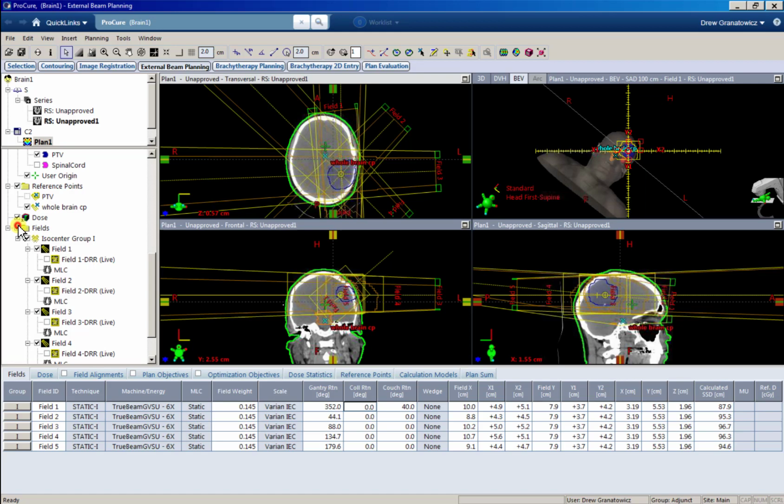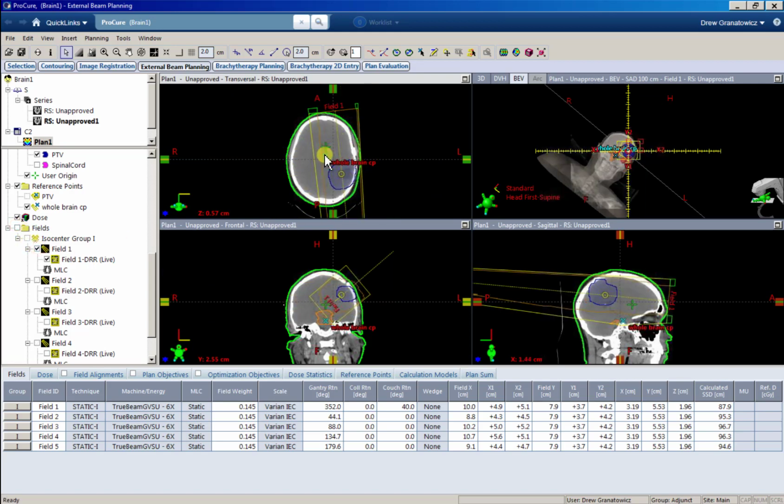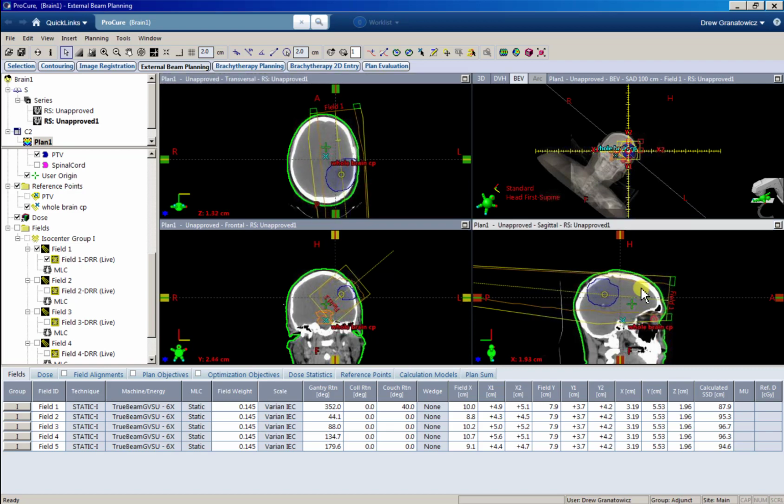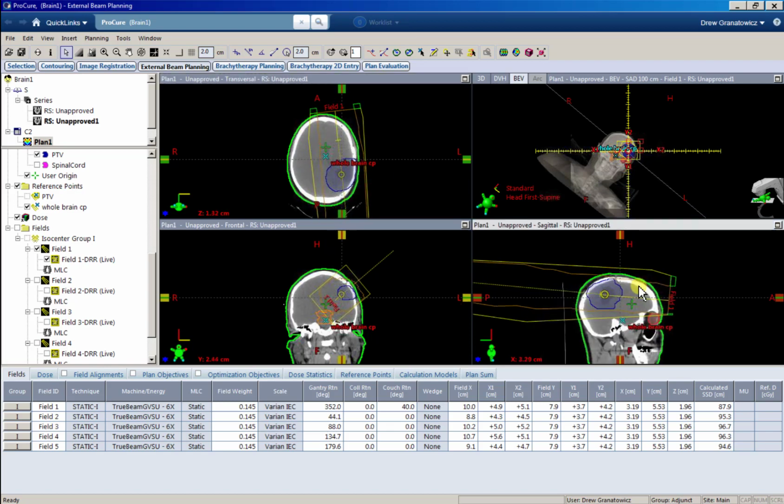Let's turn these off. I was going to try to maybe rotate off the front of the brain, but we might still need that dose coming through there.